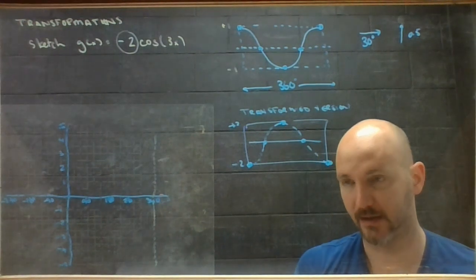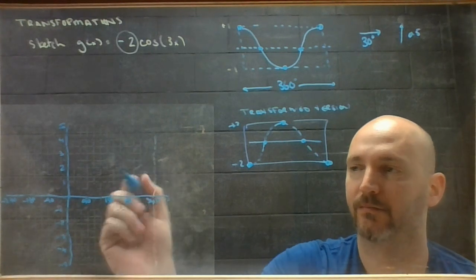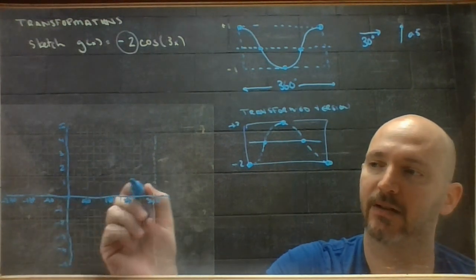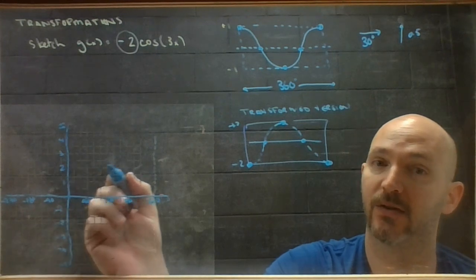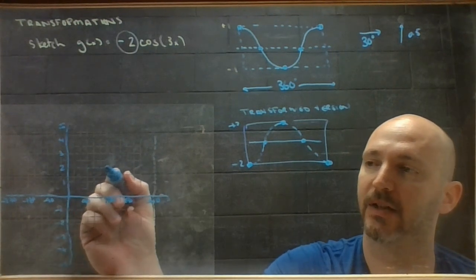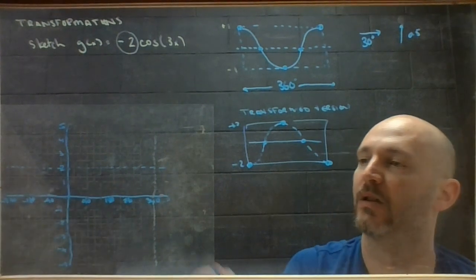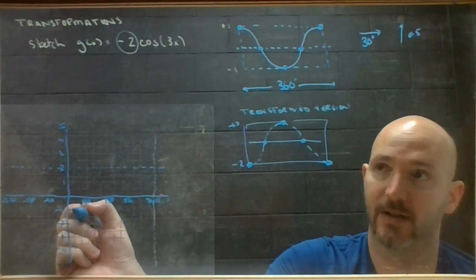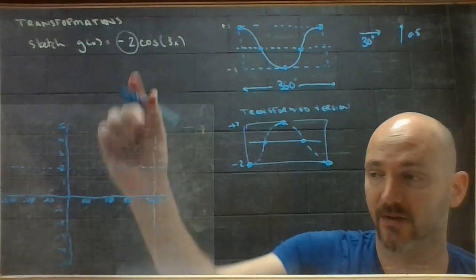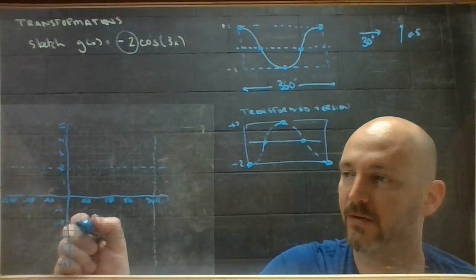So I'm going to draw in some scaffolding then. My peaks aren't going to land on 1 this time. They're going to land on 2. And dash a line in like that. My troughs aren't going to land on -1 anymore because of this transformation factor. They're going to land on -2.